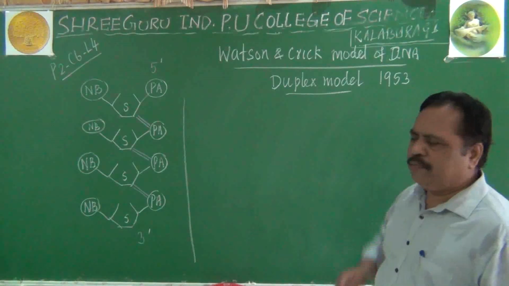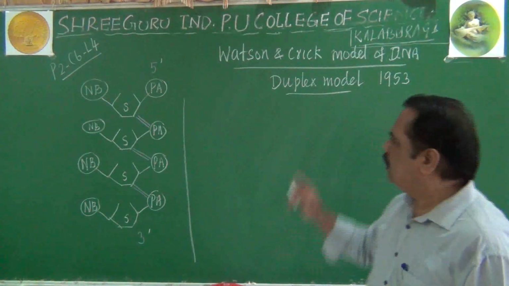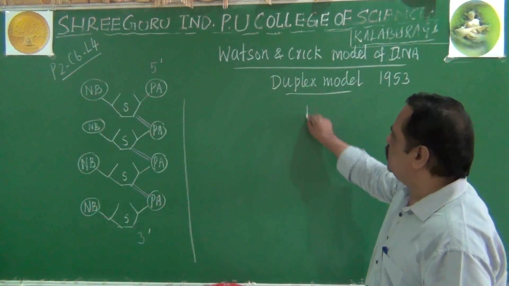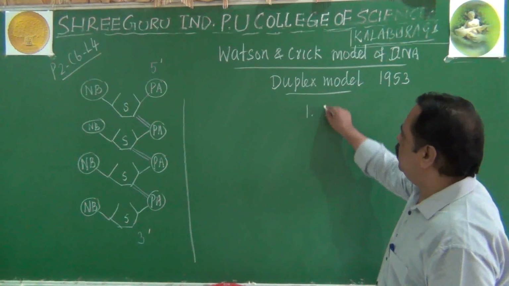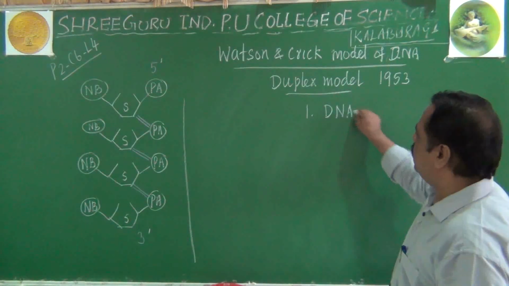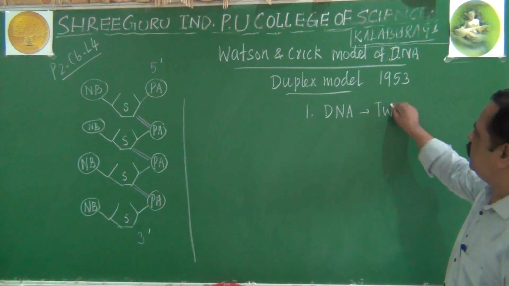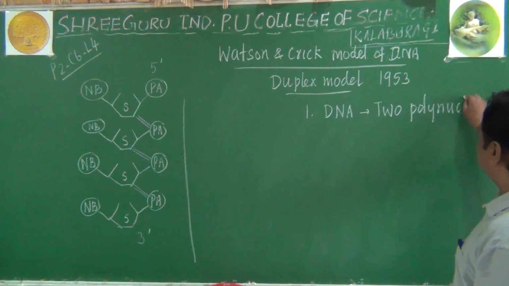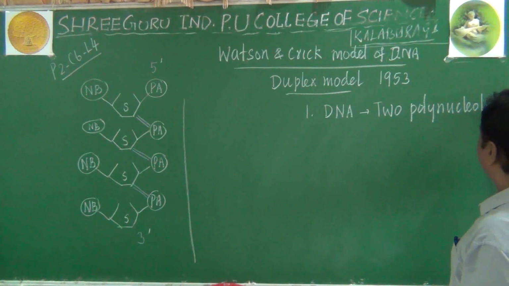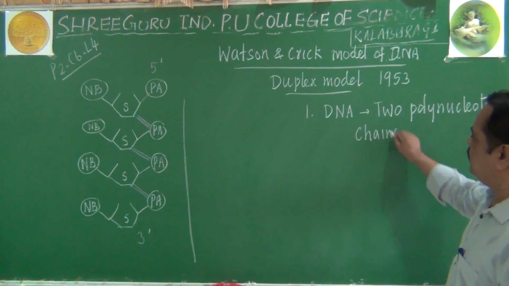When they studied the X-ray diffraction work and Chargaff's equivalence rule, everything, Watson and Crick proposed the first point that a DNA molecule is made up of two polynucleotide chains. That is the first point they proposed. A DNA molecule is made up of not one chain, it is made up of two polynucleotide chains.